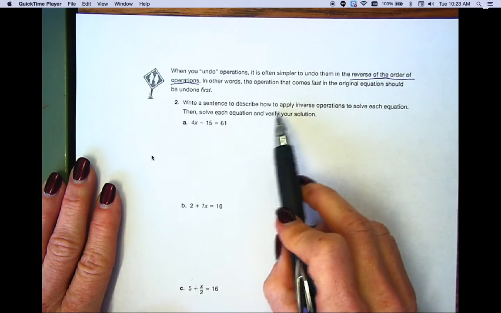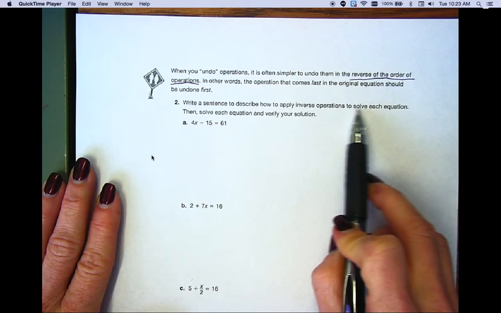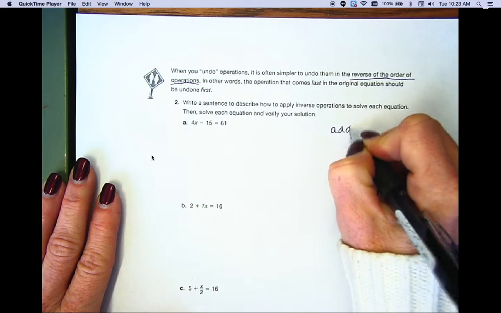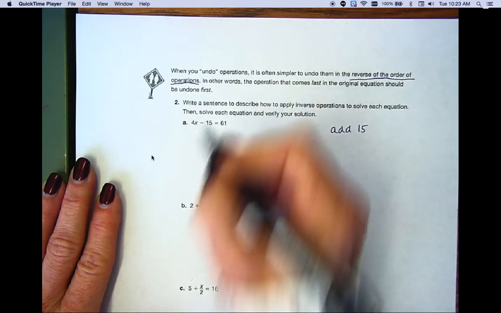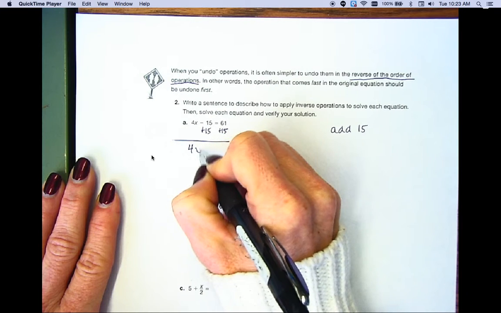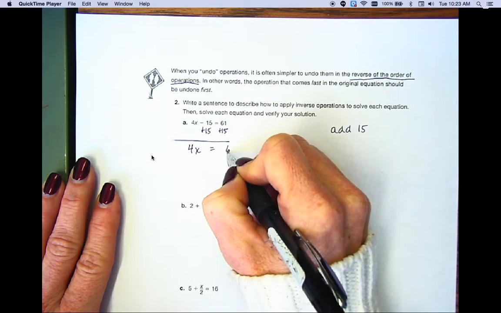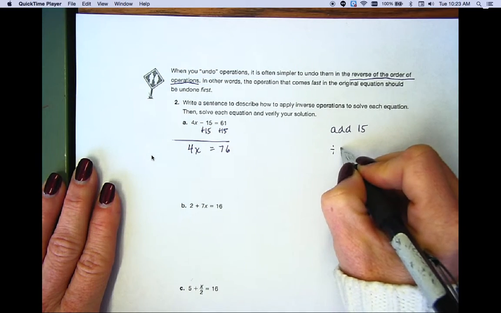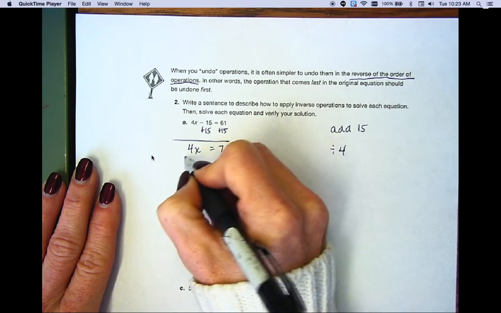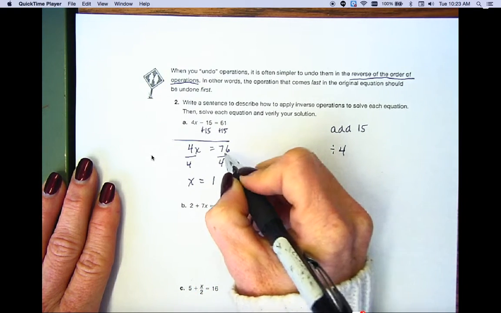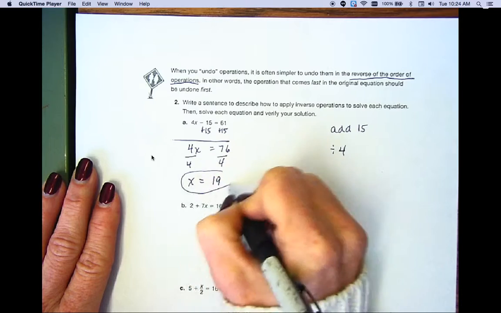So write a sentence to describe how to apply inverse operations to solve each. So first thing I'm going to do is add 15 to both sides of my equation. So I get 4x equals 76. Second thing I'm going to do is divide both sides by 4. x equals 19.